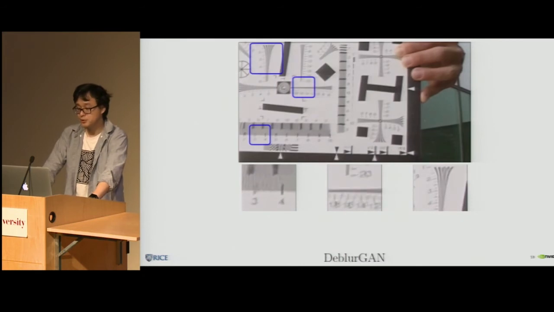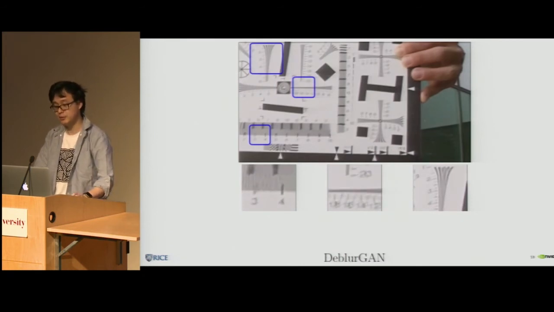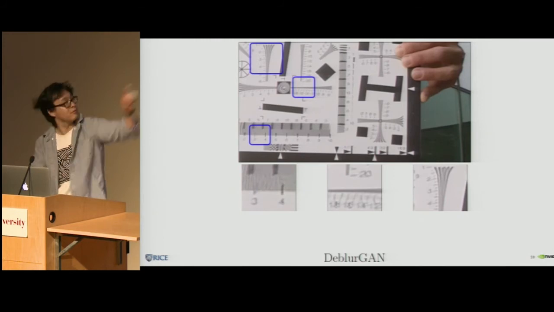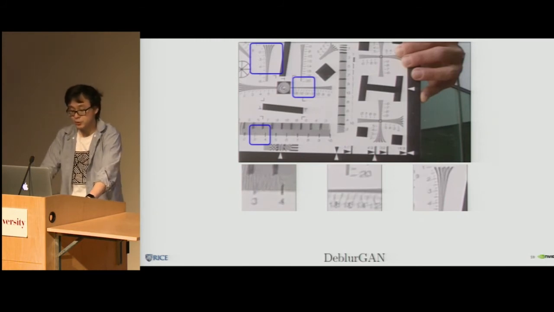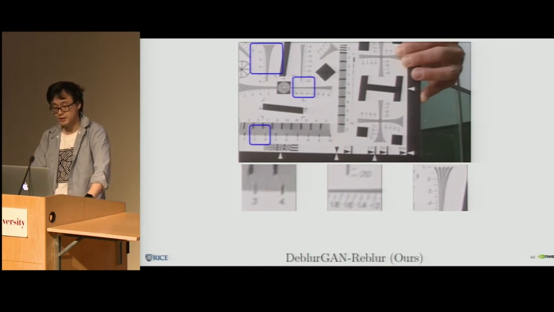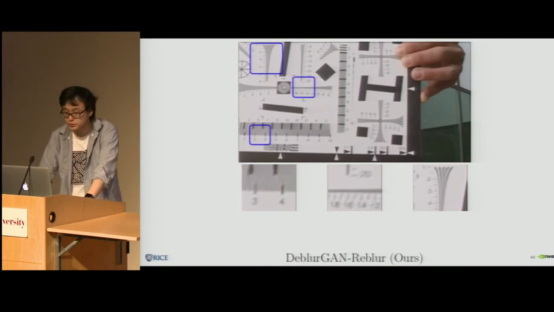Okay, so for the resolution chart, the high-frequency artifacts can be seen around the numbers and the fine stripes for the baseline network. And our fine-tuned network makes the numbers and pattern look more natural.